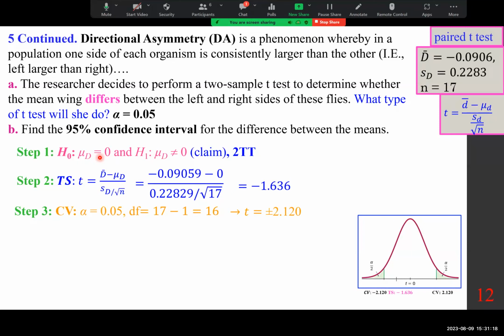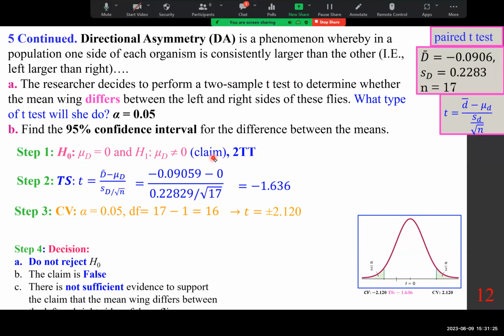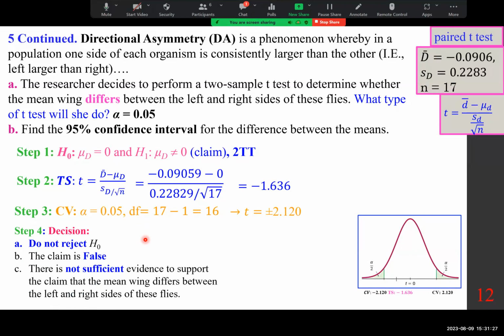Fail to reject H0. That means you're rejecting H1. That means you're rejecting the claim. That means the claim becomes false. Do not reject H0. The claim is false. There is not sufficient evidence to support the claim that the mean wing length differs between the left and right side of these flies.